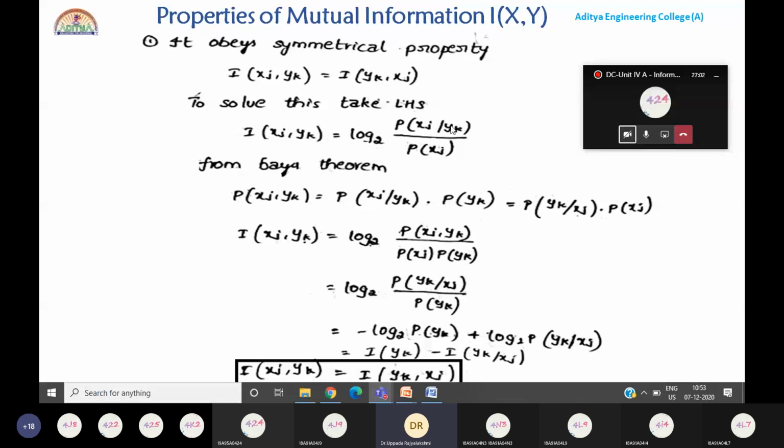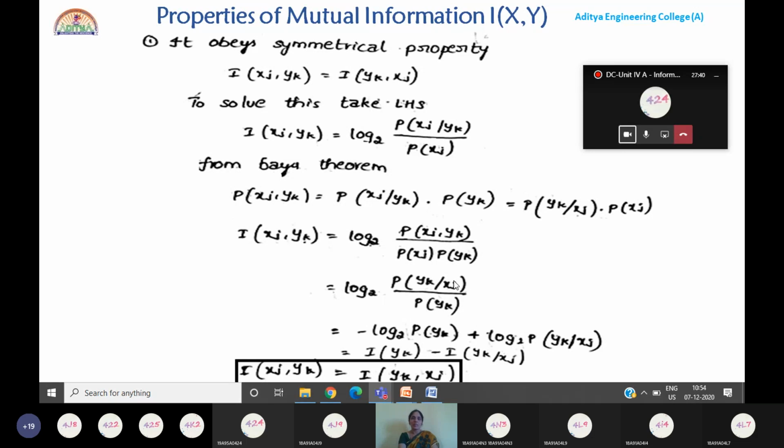Here you can see the first equation in the Bayes theorem. You can replace P of xj by yk as P of xj comma yk divided by P of yk, and once again P of xj comma yk is replaced in terms of P of yk by xj into P of xj.